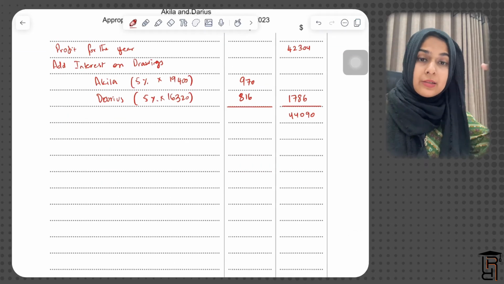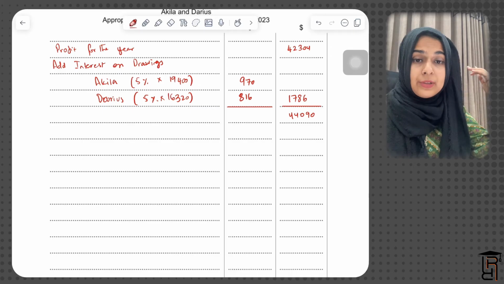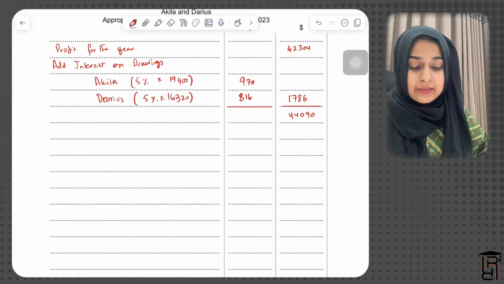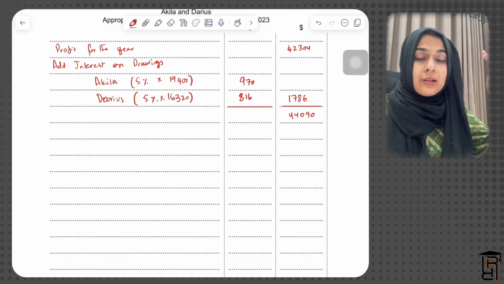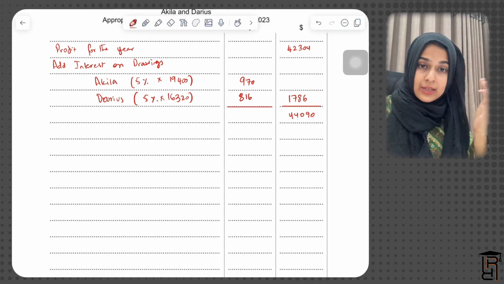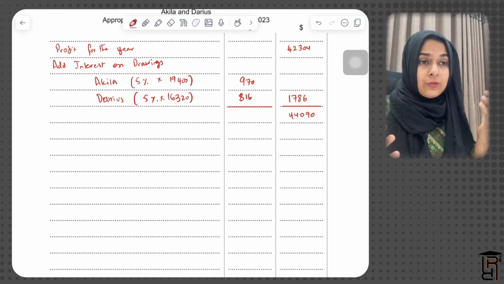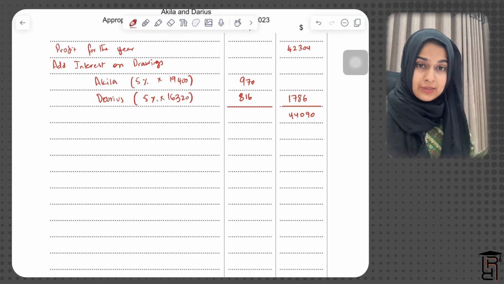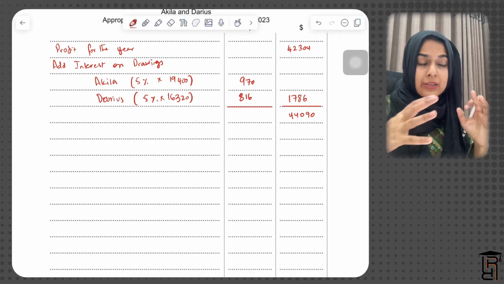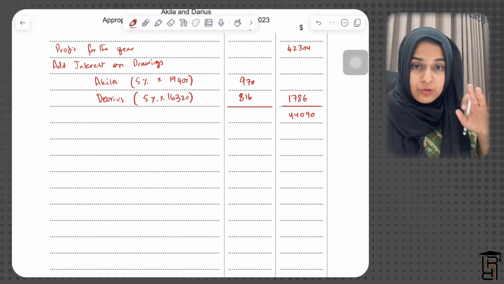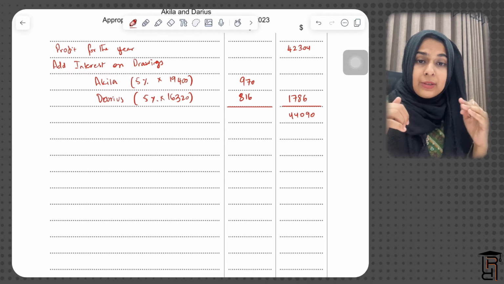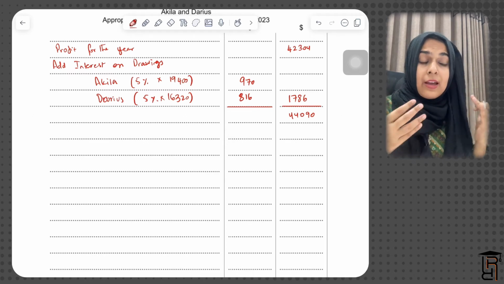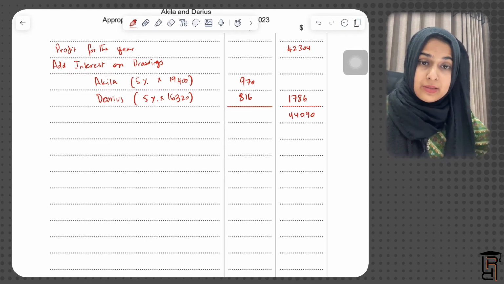We'll subtract interest on capital, and we'll subtract the salary that is given to Akila. Why are we subtracting these two? Interest on drawings is taken from the partners, so we are charging them, taking that bit from their capital and adding it back to the partnership profit. Similarly, interest on capital is given to partners because they have invested money in the business.